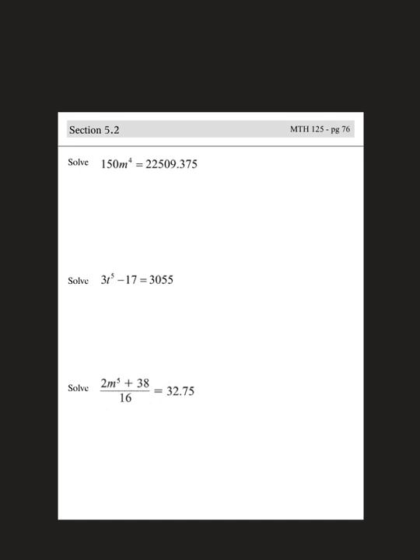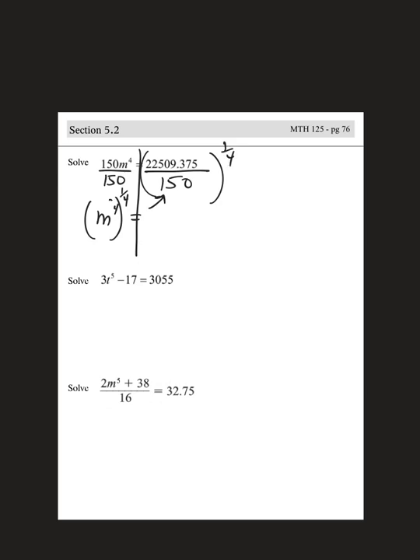Page 76. Here are some more power equations. Remember that you need to start by isolating your power using whatever techniques you've used. I have m to the fourth power equals this thing up here. If I want to cancel out that fourth power, I have to raise the power of each side up to 1/4.